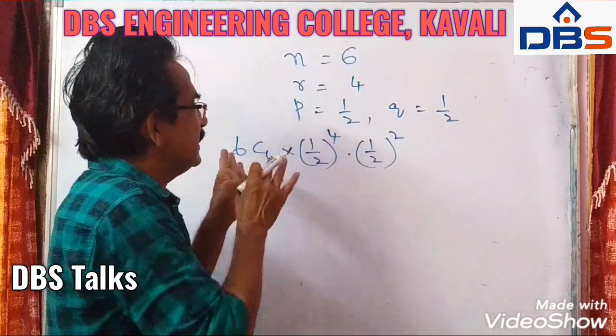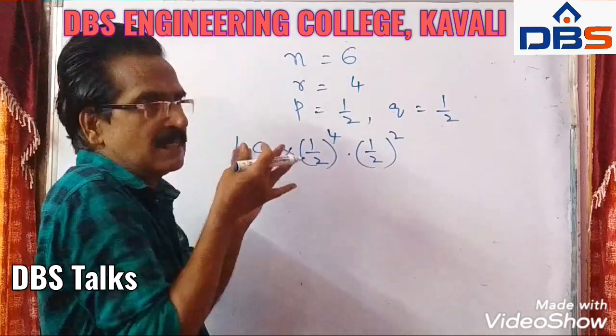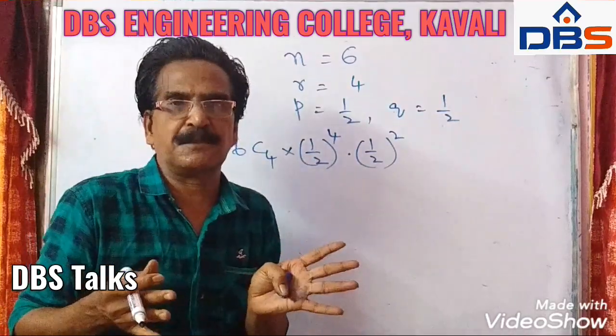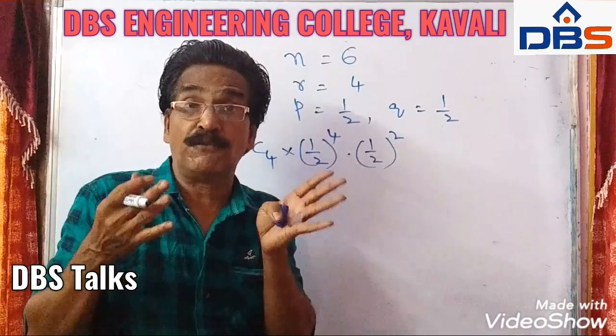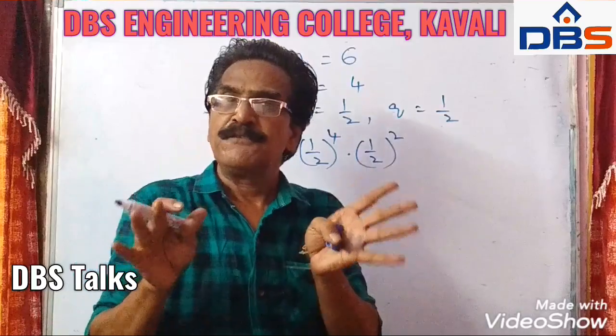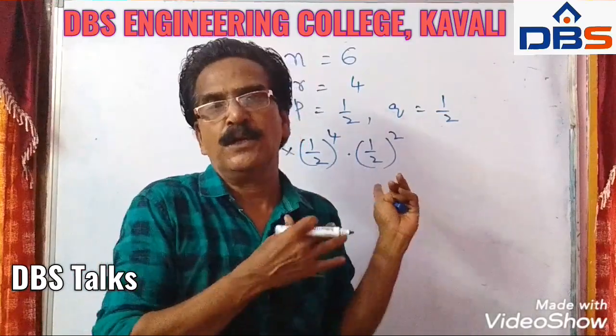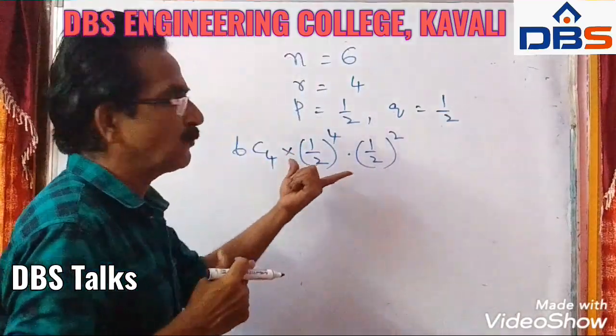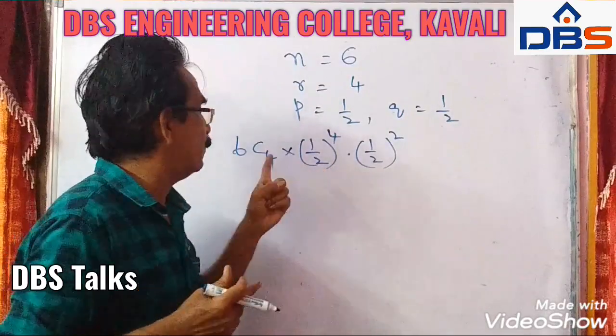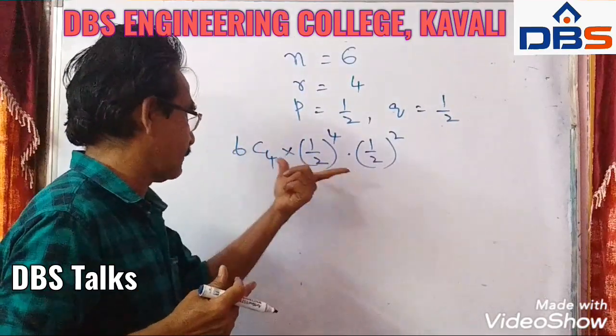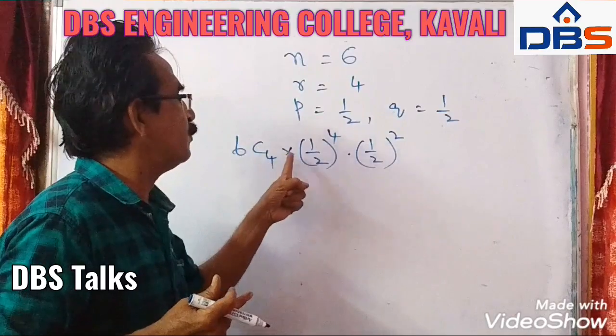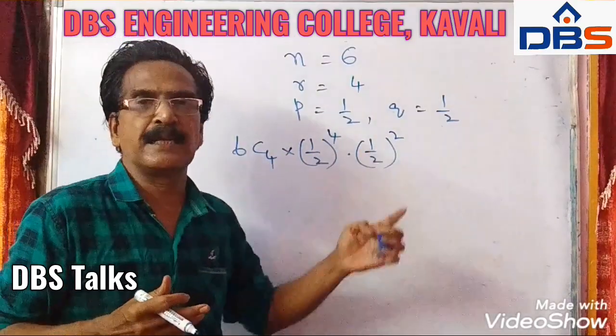I am not going to simplify it. I am telling you the procedure: how to find the values of n, p, q. If you know the values of n, p, q, you can solve any question. So the expression is NCR into P power R into Q power n minus R, friends.